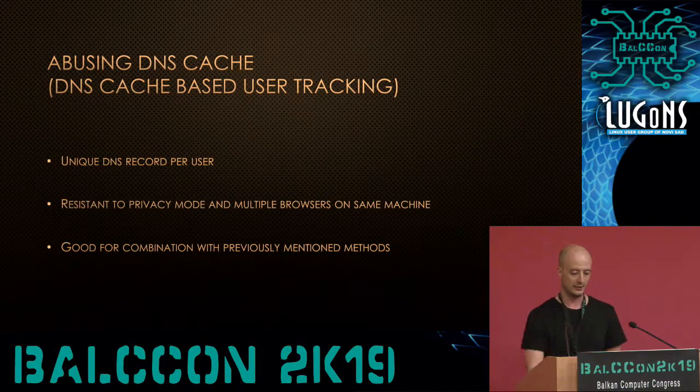The other way is to simply create a unique DNS record per user. There are some downsides, but technologically speaking today, this is possible, and this is definitely a threat and a method which for sure will be used in coming days.